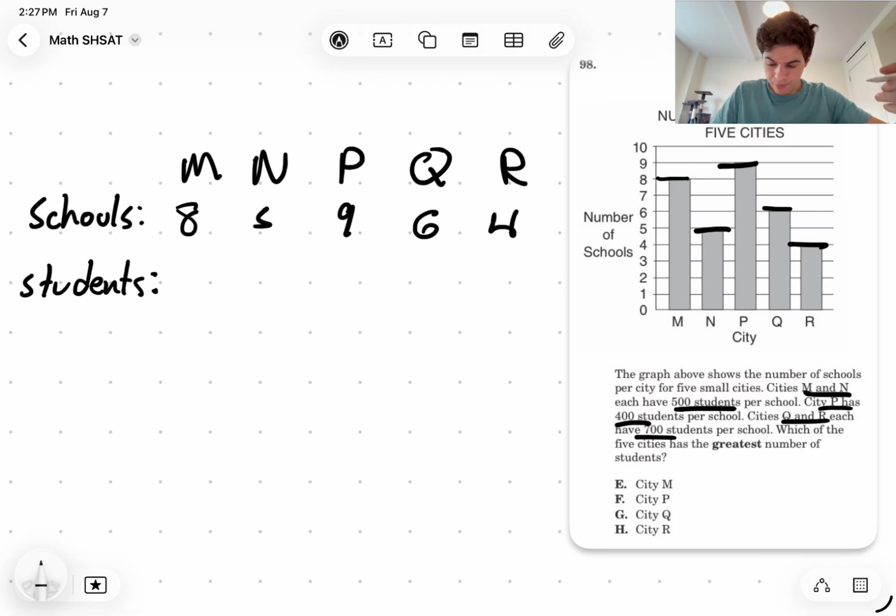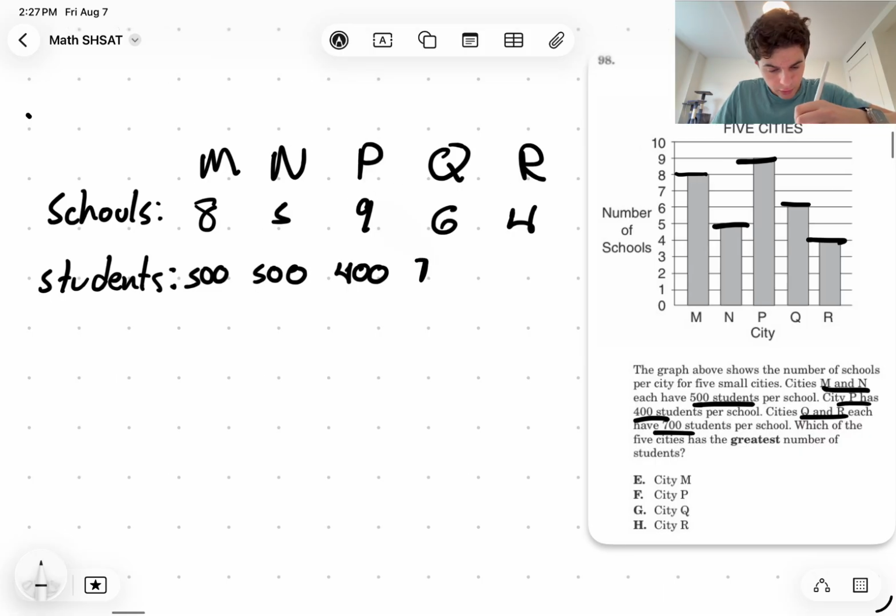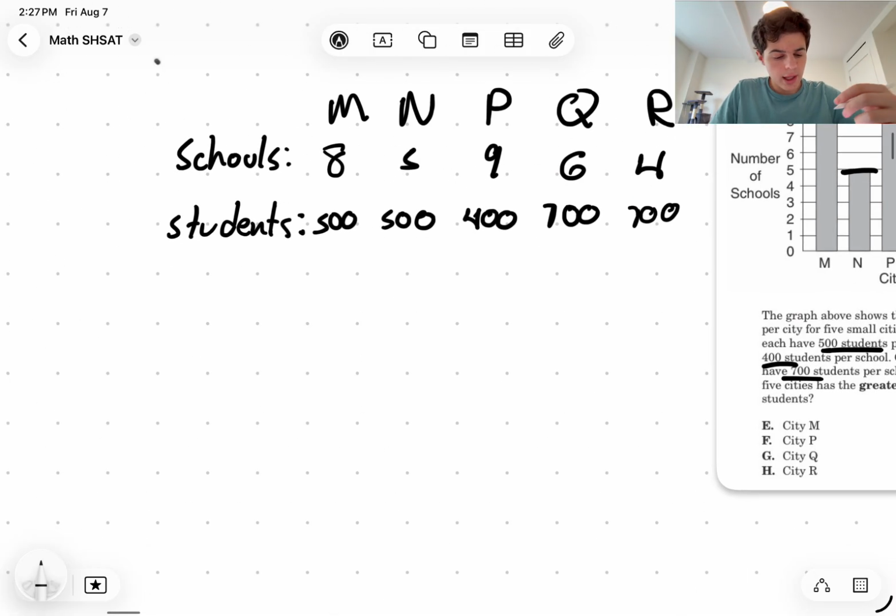Cities M and N each have 500 students per school, P has 400, Q and R each have 700. So 8 times 500: 8 times 5 is 40, plus 2 zeros, so 4,000.